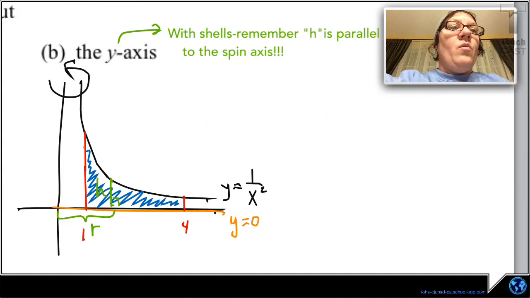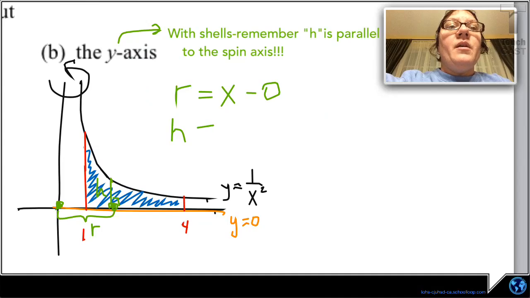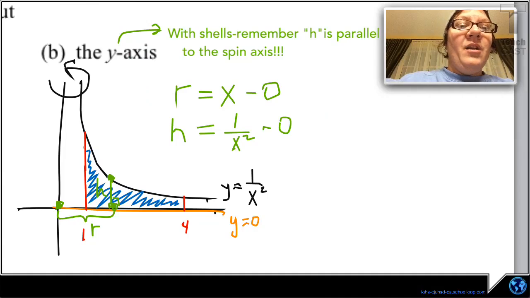So now, when I'm calculating the value for my radius, again, it's some length x on the right minus 0 on the left, and my height is top, well, that's my curve, 1 over x squared, minus the bottom, which is 0. Oh, I'm ready to integrate.